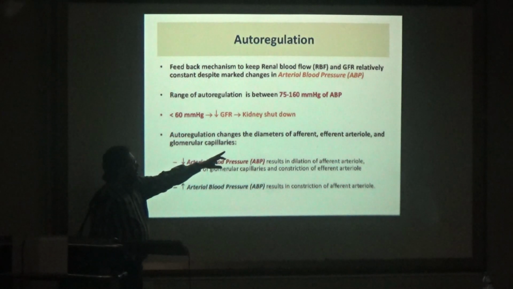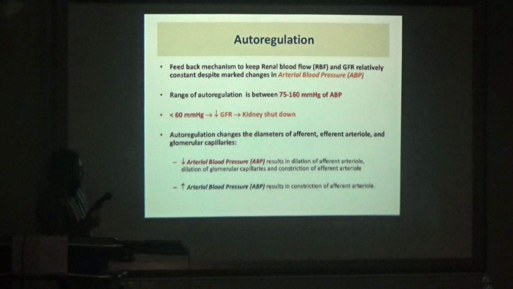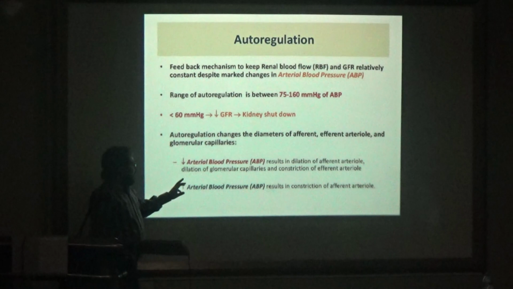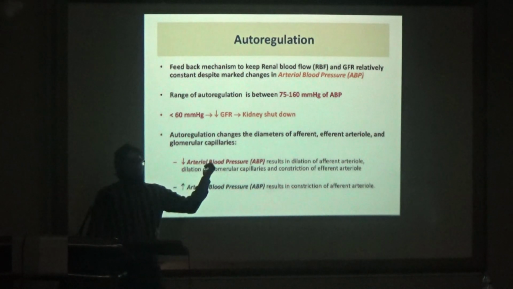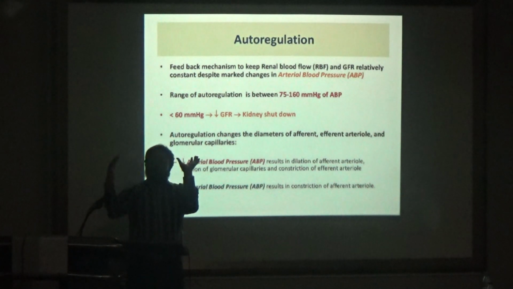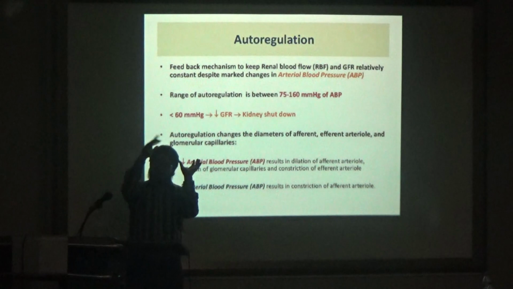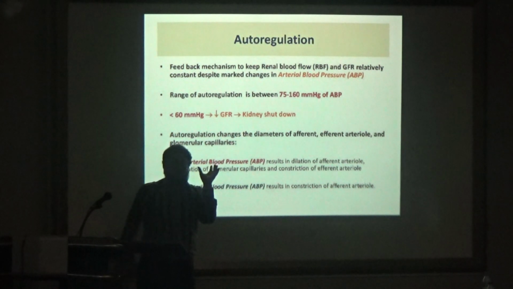Autoregulation changes the diameter of the afferent and efferent arterioles of the glomerular capillaries and tries to adjust it. This is the glomerulus. Blood is coming in, so this is afferent; this is going out, so this is efferent.